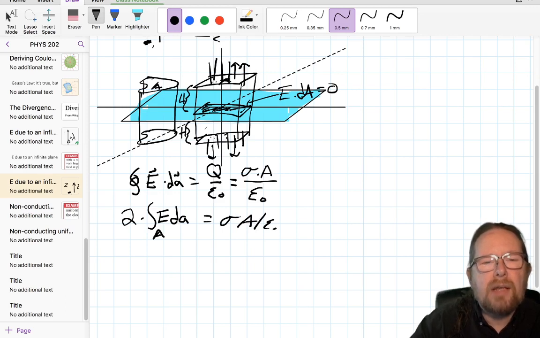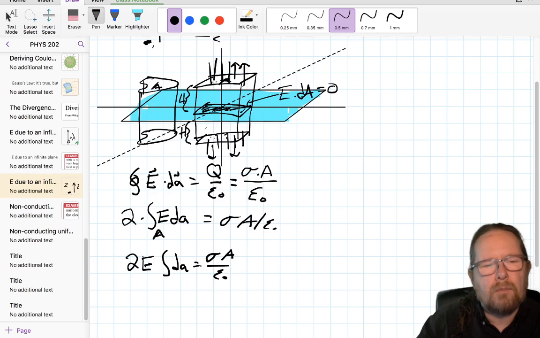And we already said the electric field can only depend on the distance from the plane, so it has to be constant everywhere on the top and bottom surface, which means that this is just 2E times the integral dA equals sigma A over epsilon naught.